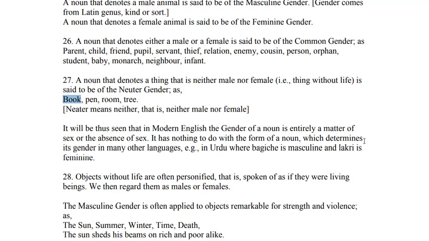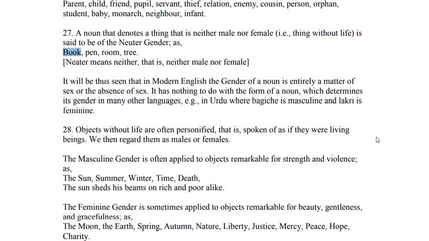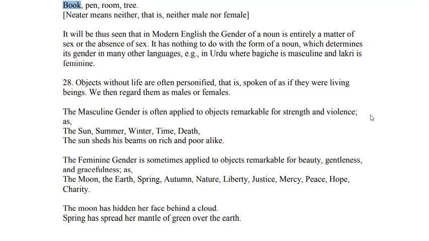So when we talk about objects of neuter gender, we sometimes speak of them as if they are females and sometimes we speak of them as if they are males. Now look at this example. The sun sheds his beams on rich and poor alike. We know that this sentence is saying something about the sun, and the sun is an object which is neither male nor female. The sun is a noun of neuter gender.